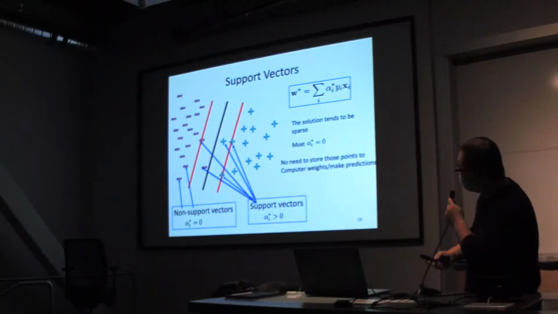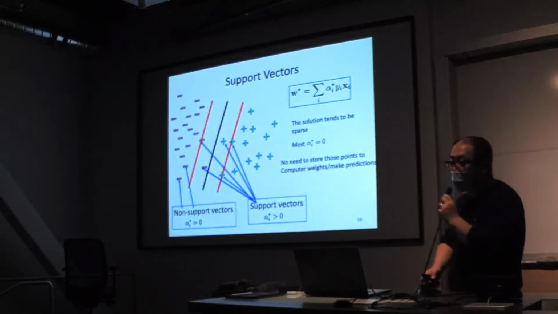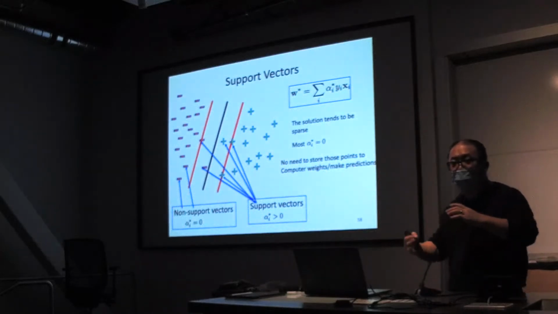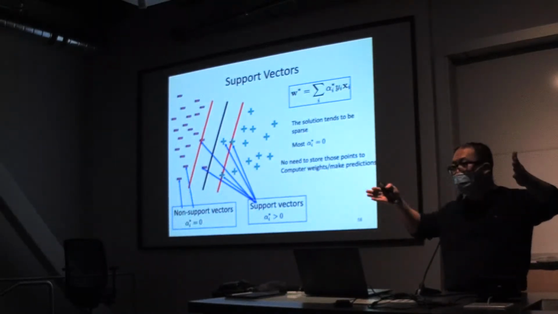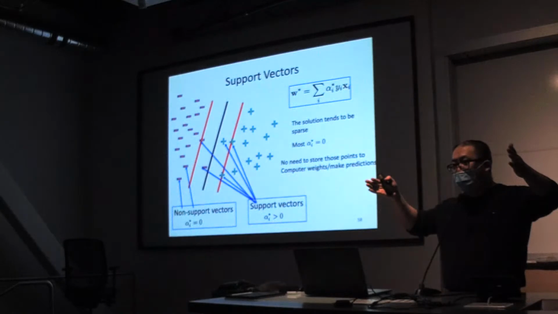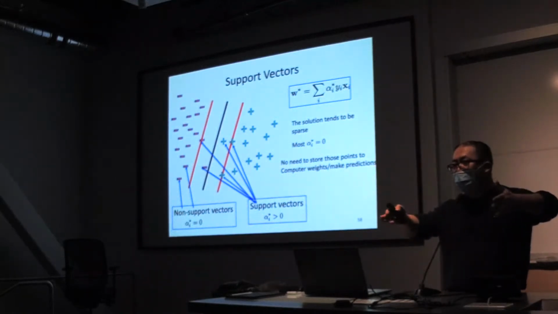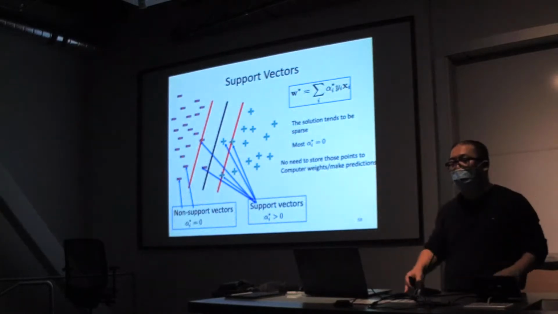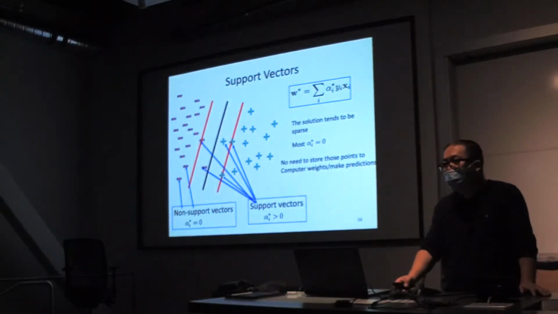So now, this explains why in practice the solution tends to be very sparse. Namely, for most of the training examples, their corresponding alpha i star is simply 0. Why? Because most of the training examples are well separated by the maximum margin, meaning that most examples stay outside the margin, and then you can show their alpha i star is simply 0.